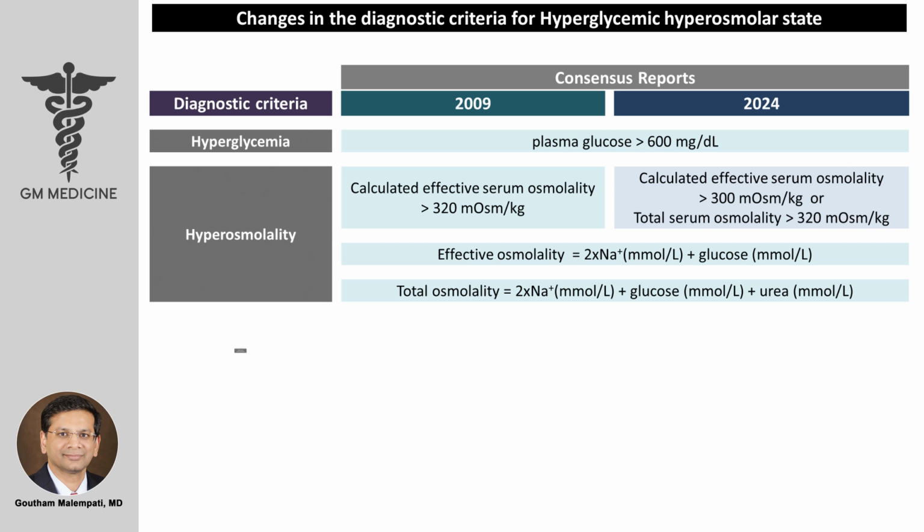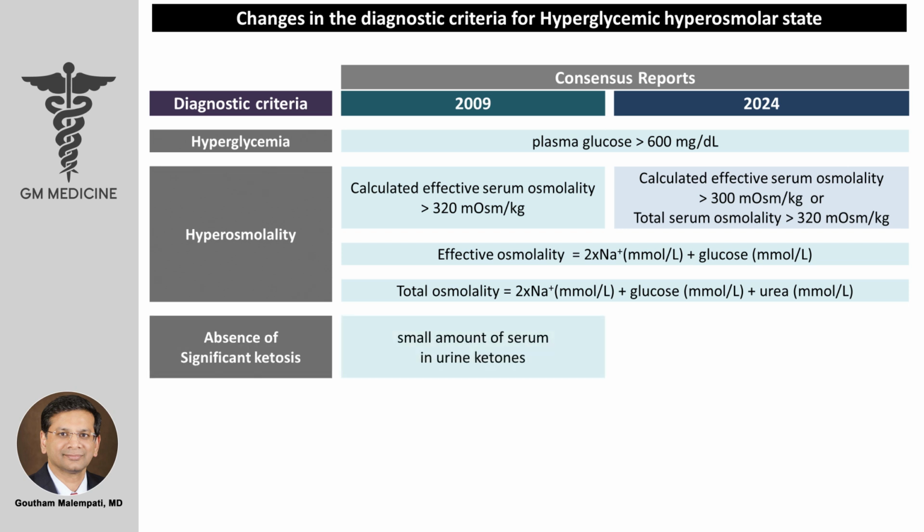Absence of significant ketosis was defined as a small amount of serum and urine ketones in the 2009 report, whereas in the 2024 report it is defined as beta-hydroxybutyrate level less than 3 millimoles per liter or urine ketones less than 2 plus.